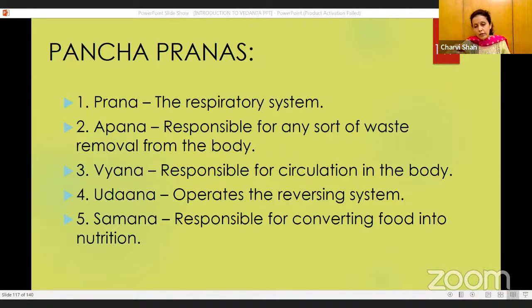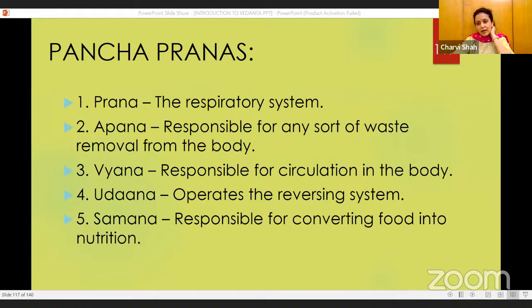So any kind of circulation, blood, lymph, then the secretions, even the messages, the neural connections, that is Vyan. And passing off or death, that is Udan. And digestion and assimilation is Saman. So these are the 5 primary vital forces behind the physiological systems.